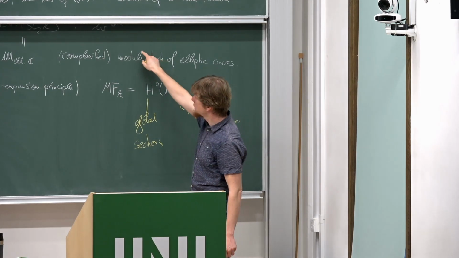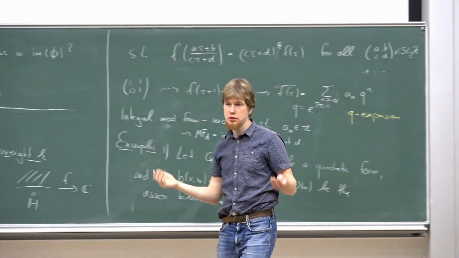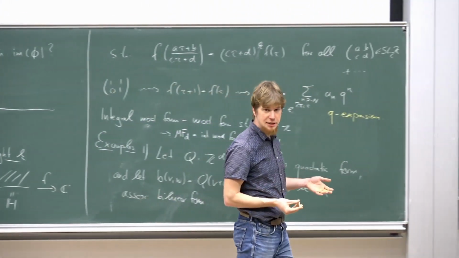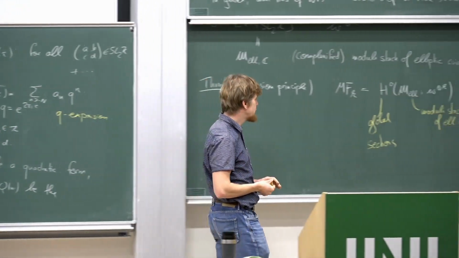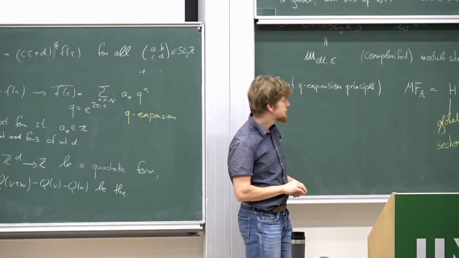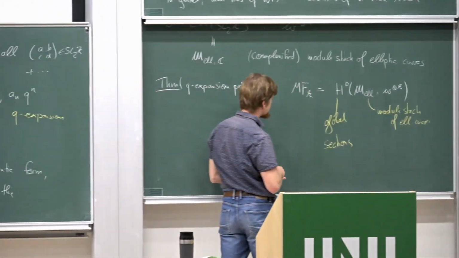Here we had only considered complex elliptic curves, but there's a notion of elliptic curve over any commutative ring. And you can build some moduli stack of this. It's not so important what this is exactly for this talk, but it's some object which upon complexification becomes this thing. And there you also have this sheaf here.